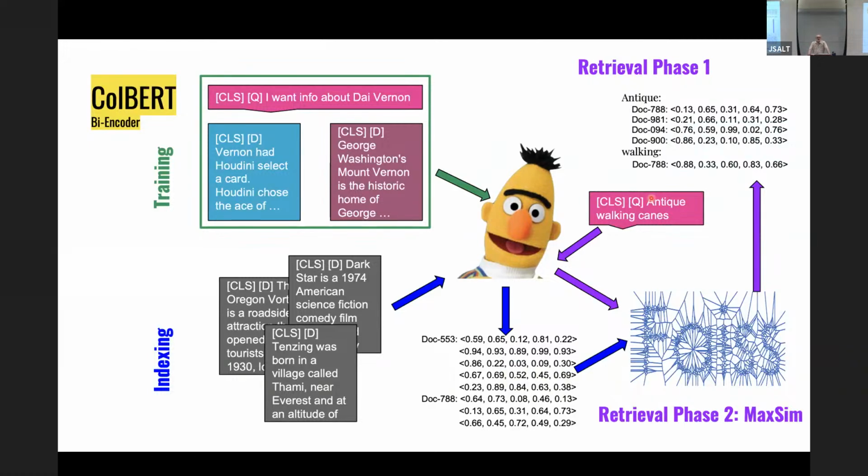So why is token by token indexing better than one vector per document? I think it's just that you can express more subtleties about the meaning if you have multiple vectors. If you have only one vector, then you're limited in what you can express, because you only get one point in this vector space.